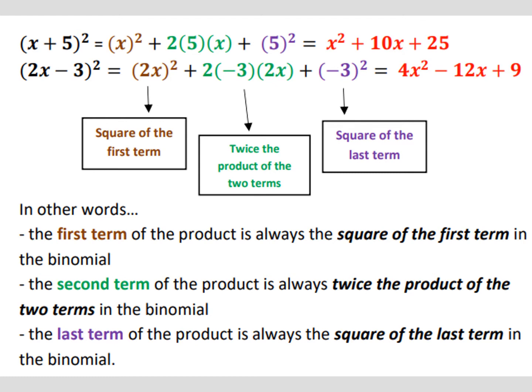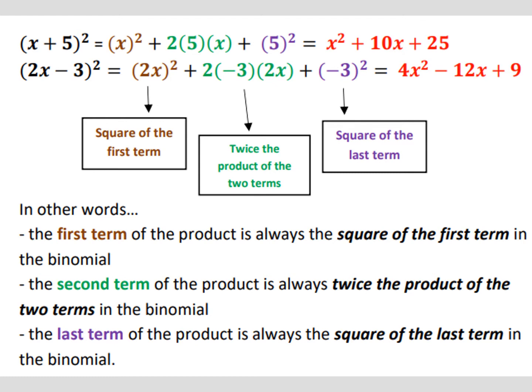So what's the pattern? Remember that for every square of a binomial, the product is always a trinomial. The first term of the product is always the square of the first term in the binomial. The second term of the product is twice the product of the two terms.